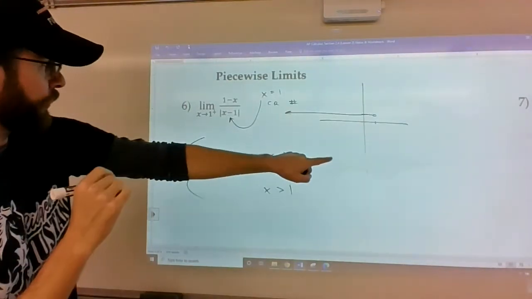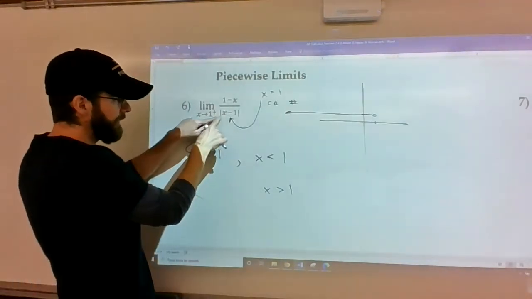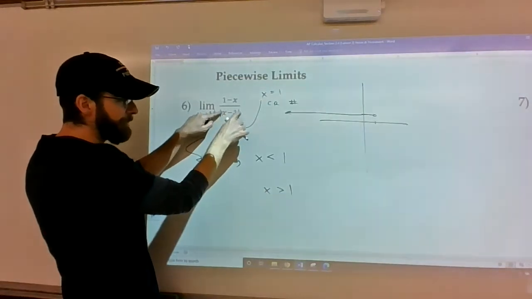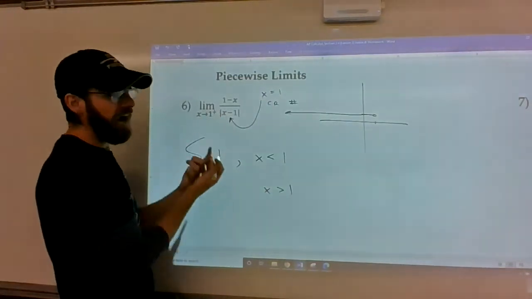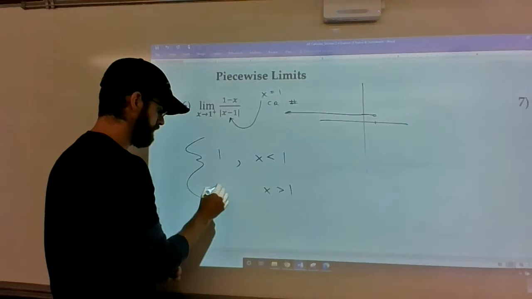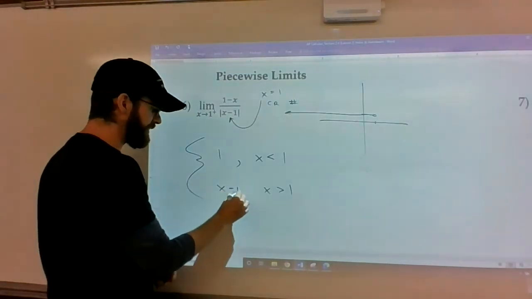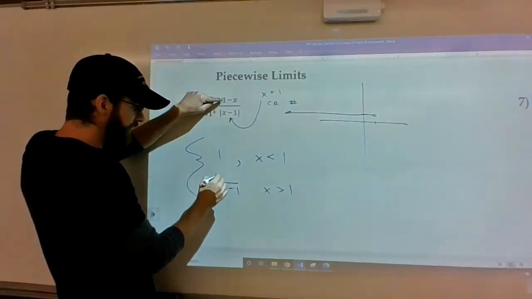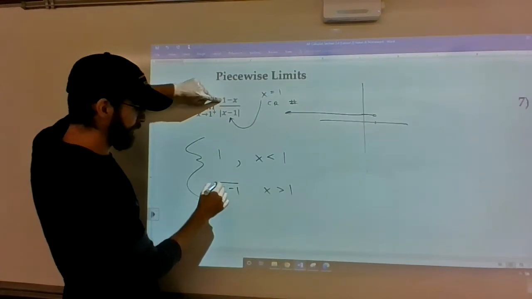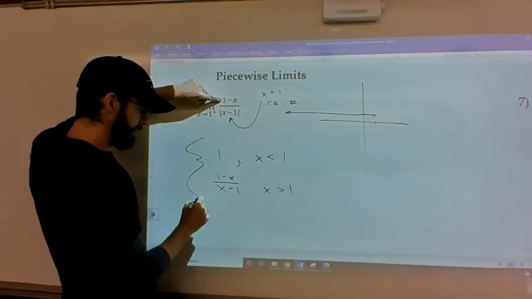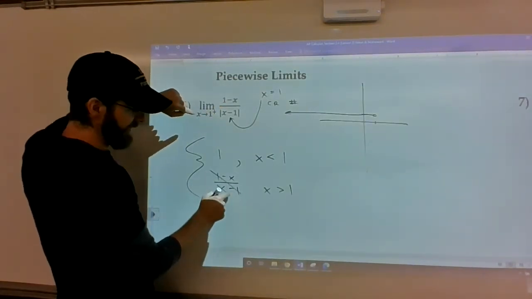And then greater than 1, the inside of the bars manifests just the positive version of x minus 1. So the positive version of x minus 1 under the negative version of x minus 1 is going to make this negative 1.